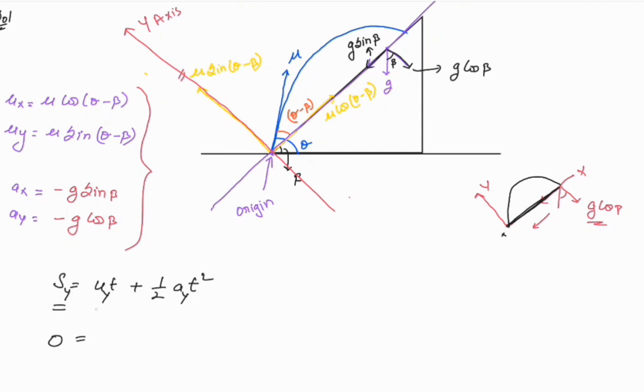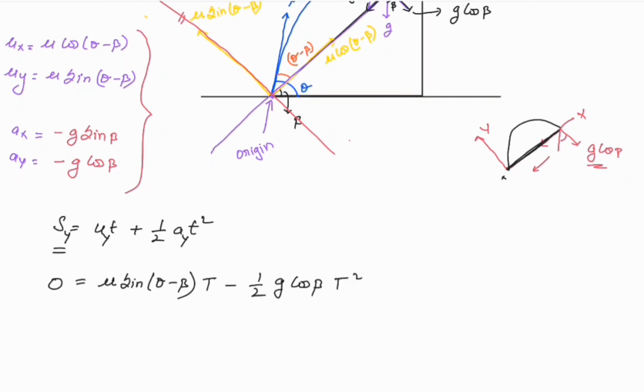0 will be equal to u of y. What is the u of y? u sine of theta minus beta. What is the time? We need to calculate the time now. Then minus 1 upon 2. What is the a of y? a of y is minus g cos beta. Now I am putting g cos beta, and t square, t is the time.